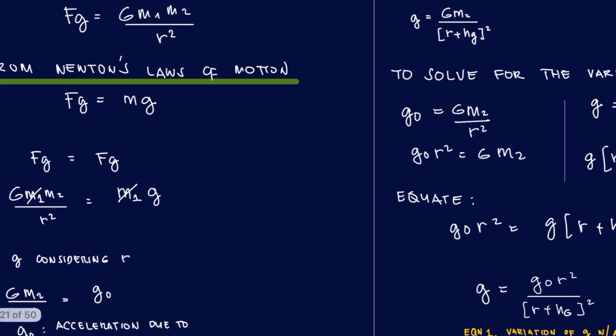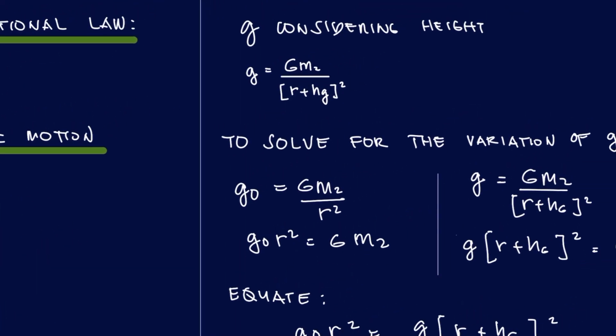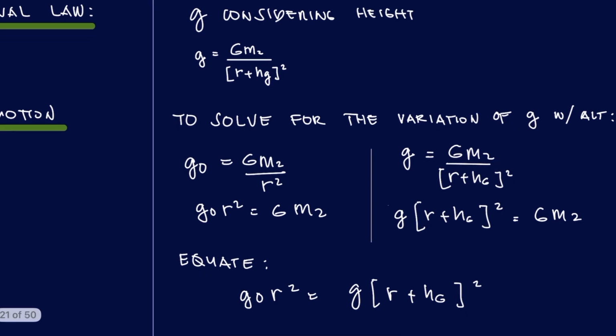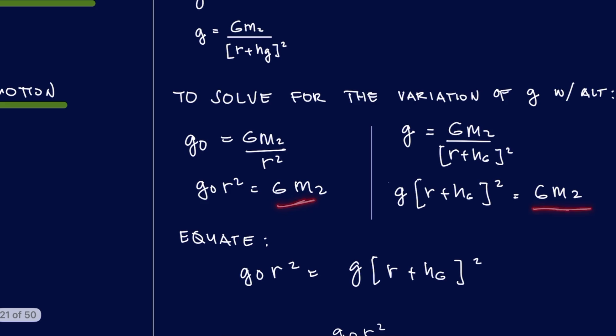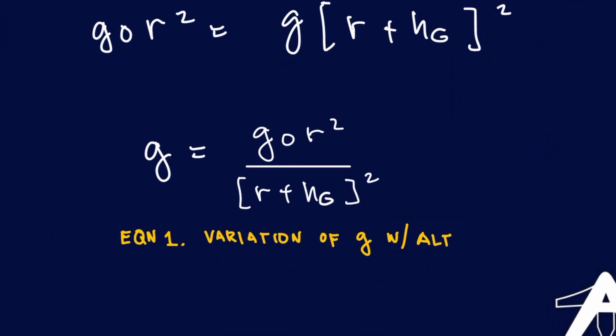Now, if you want to get how this acceleration due to gravity changes with altitude, with height, we have to relate the two equations together. Knowing that g0 is equal to GM over R squared and g equals GM over (R plus hG) squared, that's your absolute altitude. Equating them, you get an equation describing the variation of g with altitude.